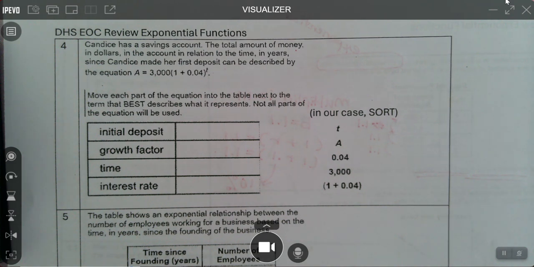You think you can do it? Who thinks they're going to match them up correctly? Okay. All right, let's see who's going to match them correctly. Should I call on Miles? You guys think so? Yeah. Let me see who looks like it. Kimori?